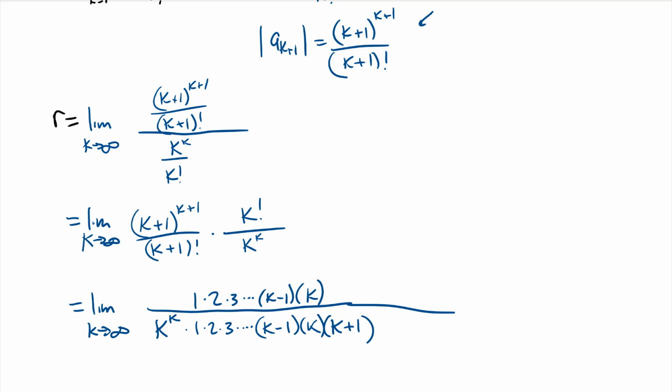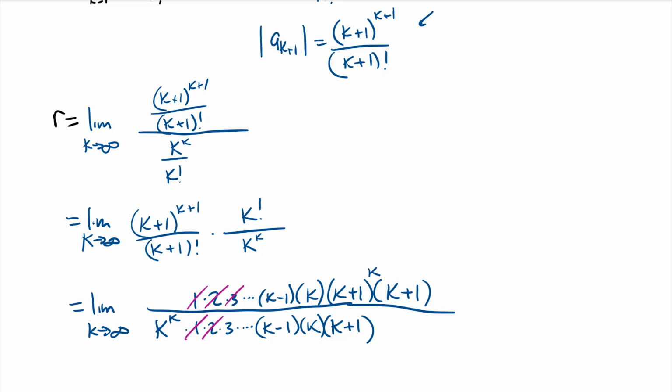And then lastly, we're left with this k plus 1 to the k plus 1. But I think I'd rather write this as k plus 1 to the k times k plus 1. Right? Then we add our exponents. So now let's cancel some stuff out and let's see what happens.